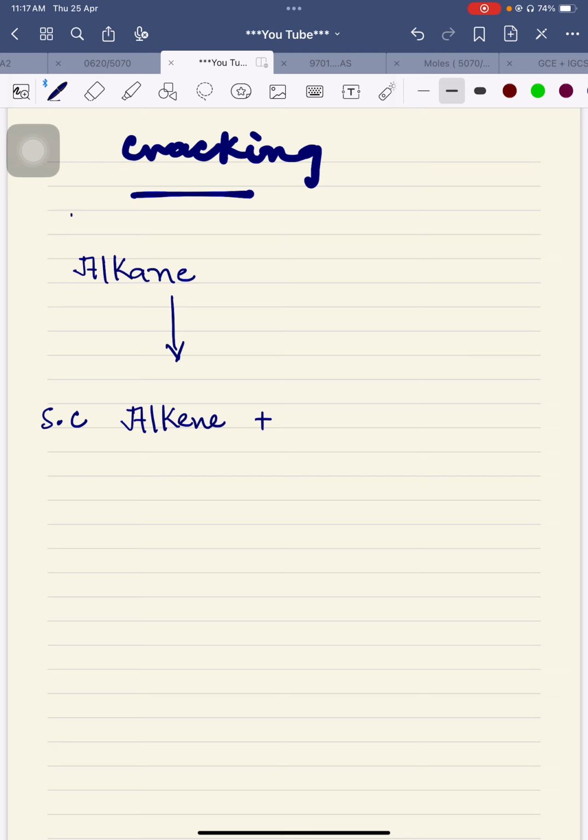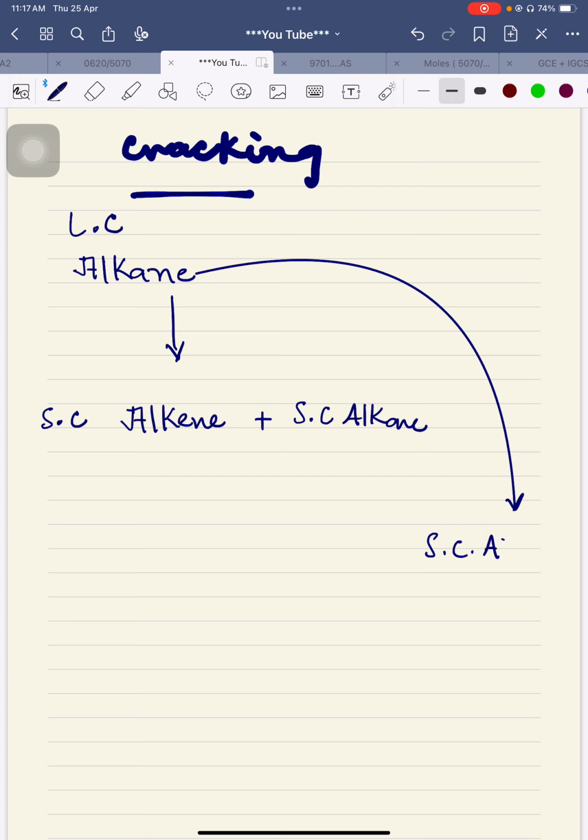You should know that a longer chain alkane is basically cracked down to give shorter chain alkene and shorter chain alkane, so an alkene and alkane mixture will be there. Or the other type of cracking gives shorter chain alkene plus hydrogen gas.